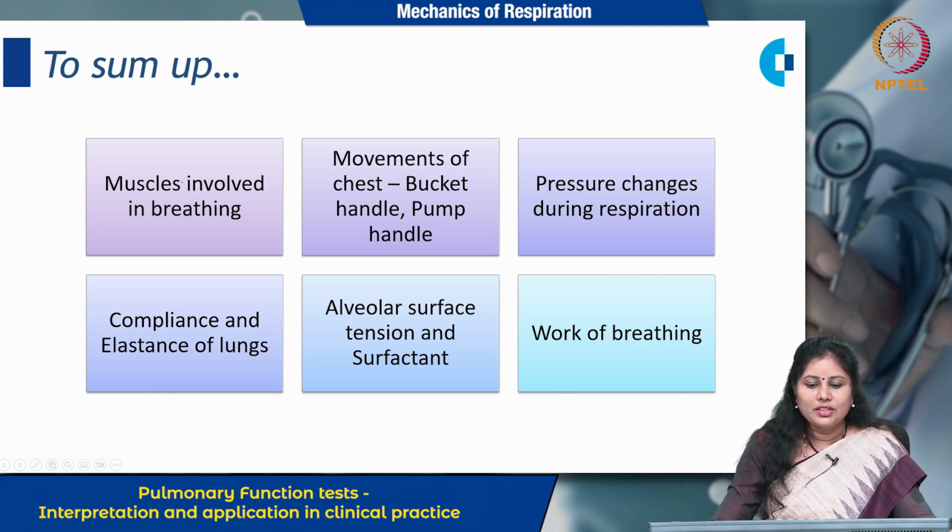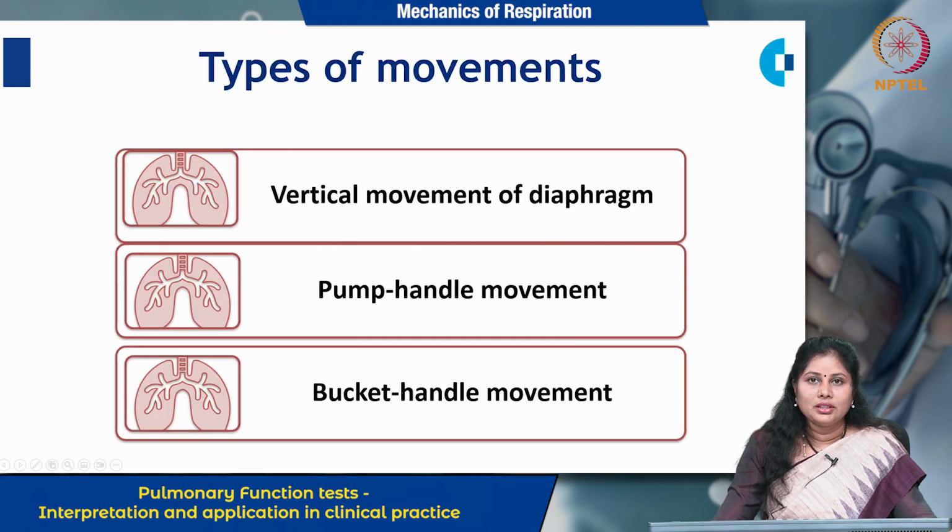Okay? And we saw the movements of respiration, chiefly the vertical movement of the diaphragm, the pump handle movement brought about by the external intercostal muscles of the upper ribs, and the bucket handle movement brought about by the external intercostals of the lower ribs.